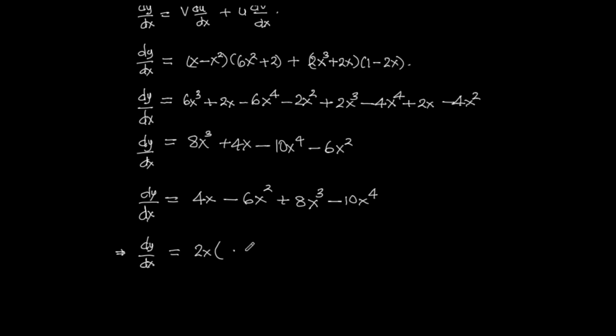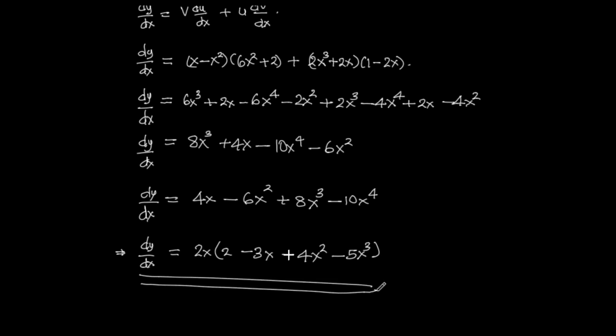Inside, we are left with 2, so that 2x times 2 gives back 4x, and minus 2 is out, we are left with 3 and 1x inside, so that x times x gives back x squared, and then here we are left with 4x squared, and finally 5x to the power of 3. And this is the derivative using the product rule.